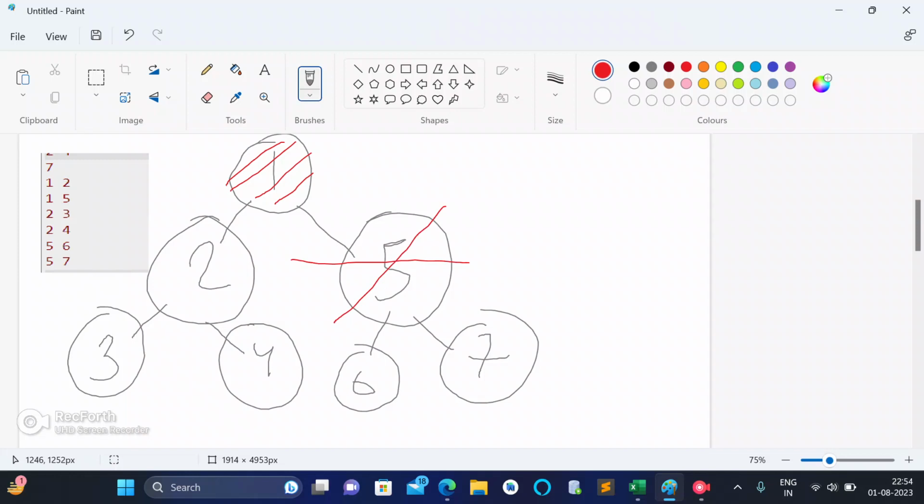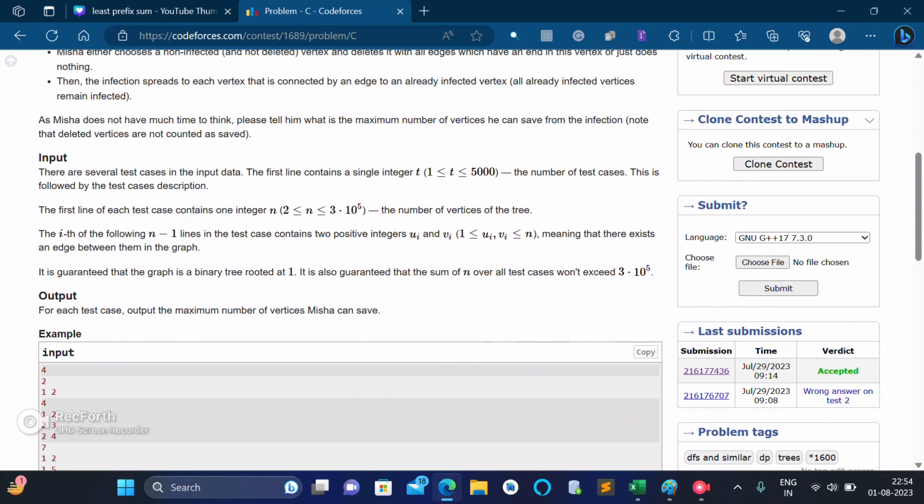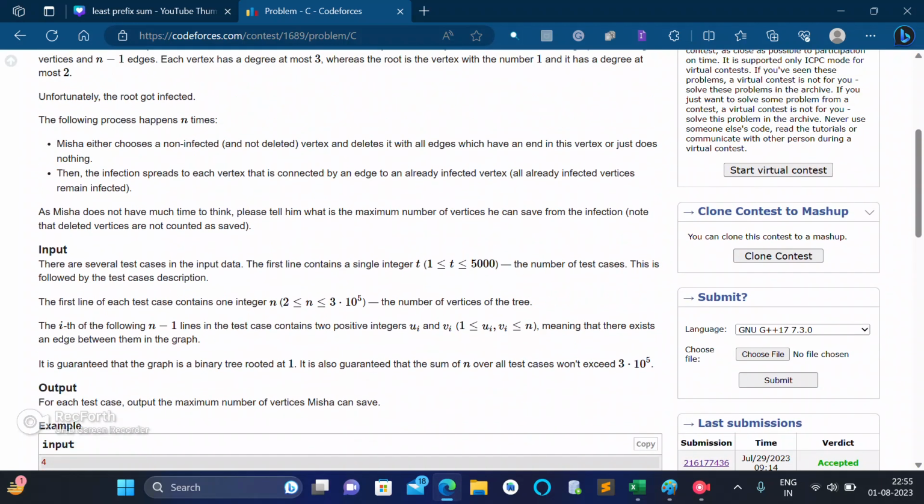At t equal to 0, only node 1 is infected, and I decide to remove the node 5. It is also given in the question that we can only remove one node at one instant.